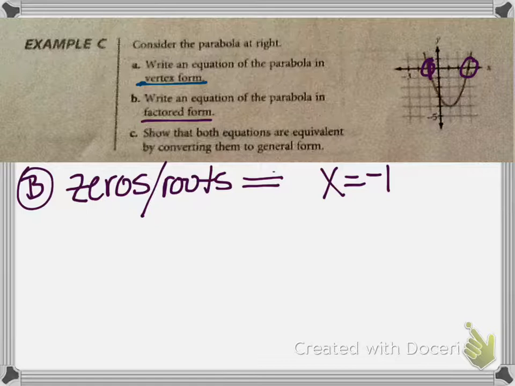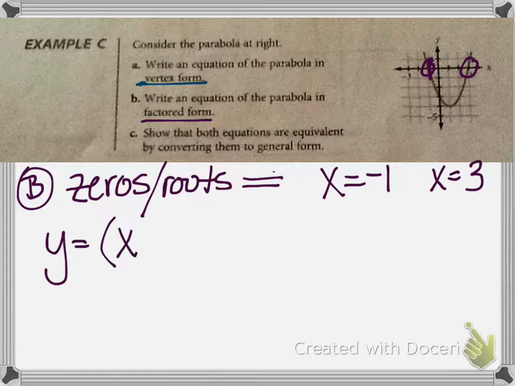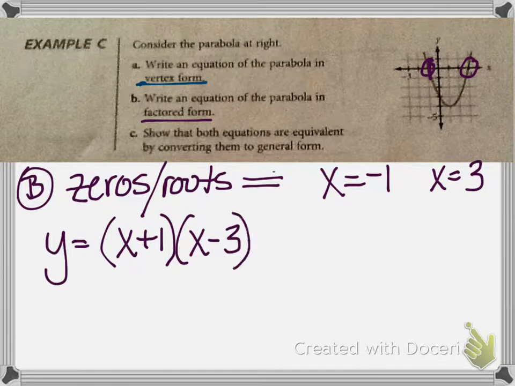And here 1, 2, 3, and x equals positive 3 is the other root. So the equation here is y equals (x plus 1) times (x minus 3). Again, to write this equation, I'm just taking this and changing it to the opposite when I put it in the parentheses, so that when I solve, I'll get the root back. So there's my answer for B.